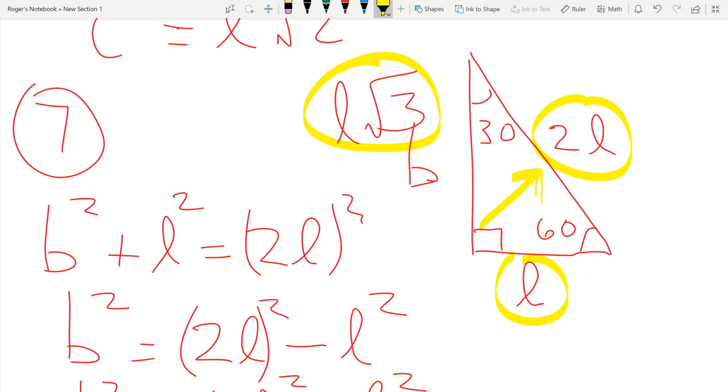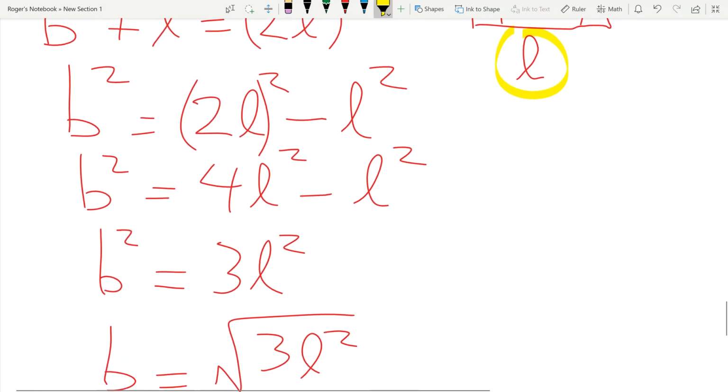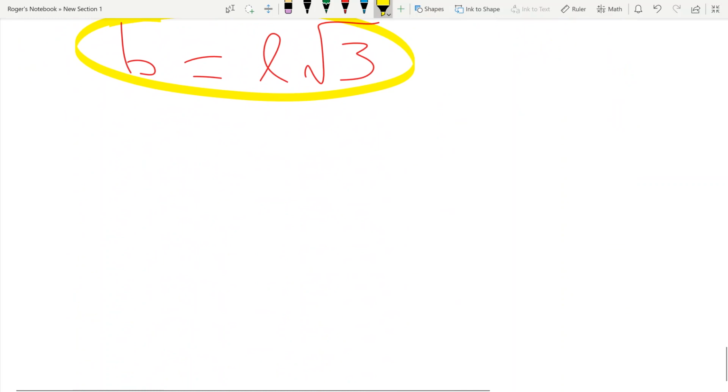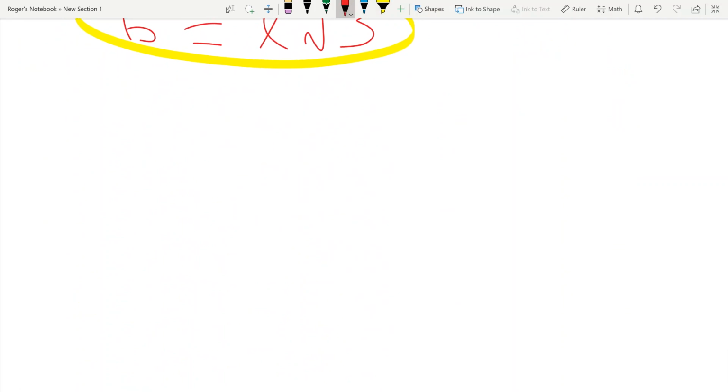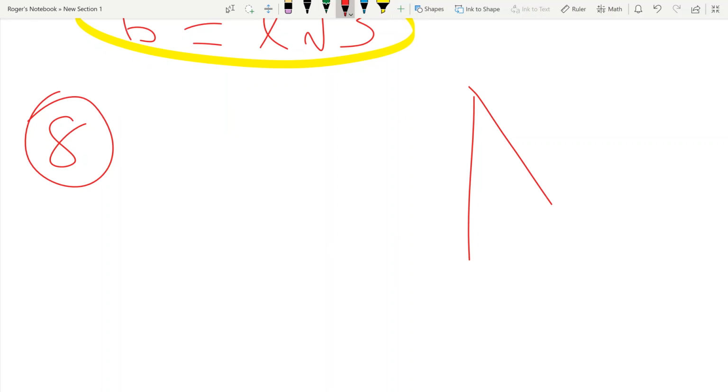So if I were to tell you, example number 8 down here, if I were to give you a 30, 60, 90, and I were to tell you that this side was equal to 5, what are the other two sides?